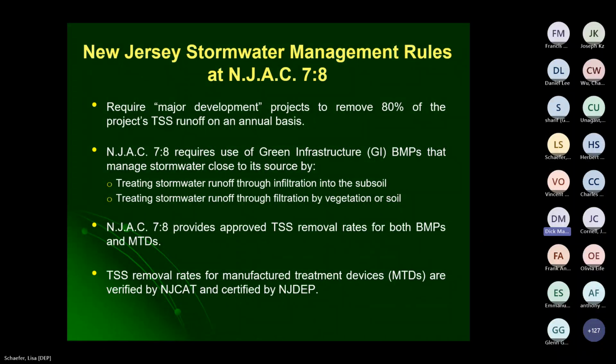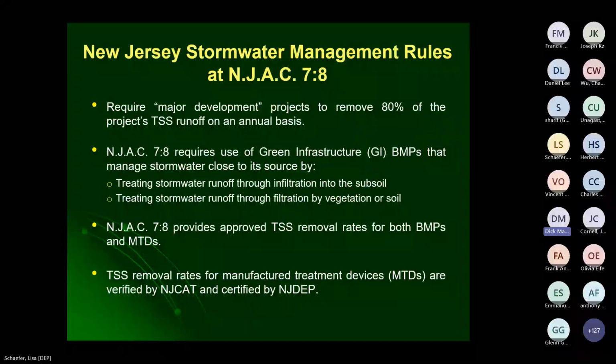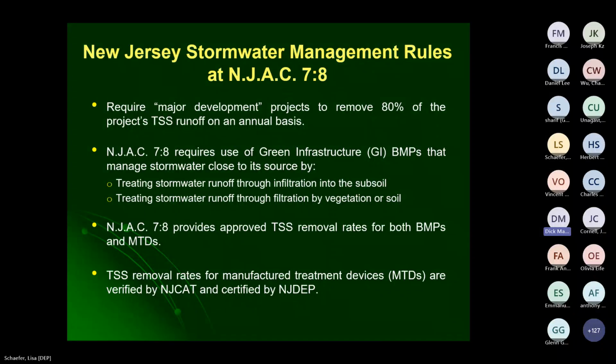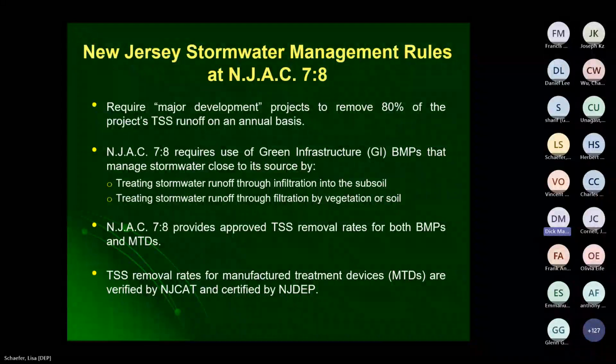You'll also know that NJAC 7.8 requires the use of green infrastructure BMPs that manage stormwater closely to a source, and there are several categories: treating stormwater runoff through infiltration into the subsoil, or treating stormwater runoff through filtration by vegetation or soil. We will spend more time on that as we go through the presentation later on.